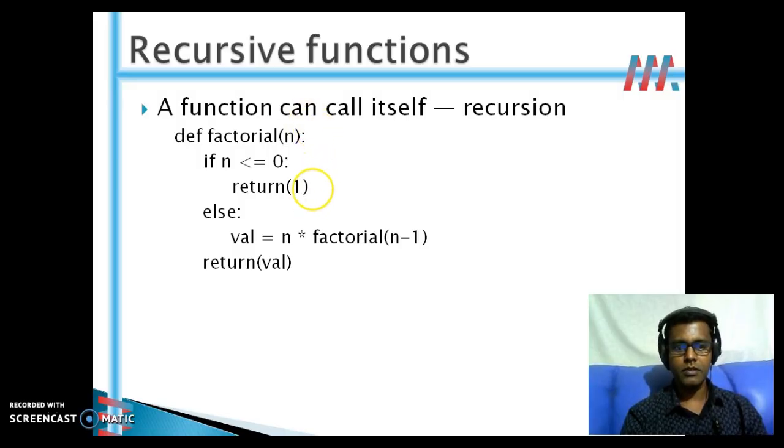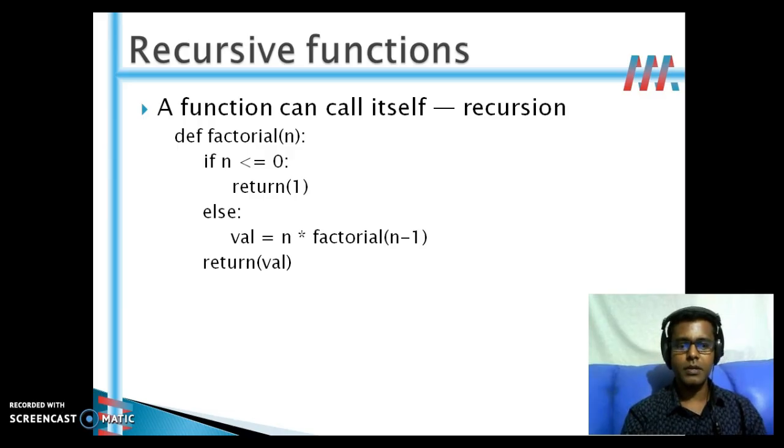So here the factorial function is going to be called again within the function with some other value, that is n minus 1. So when I pass the value of n as 5, then next time the same factorial function is going to be called with the value n minus 1, that is factorial of 4.